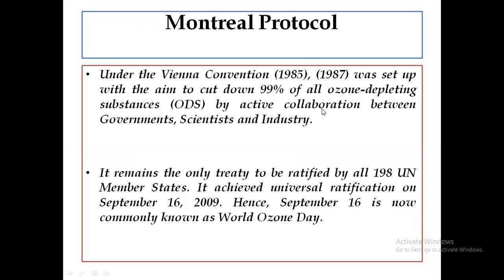It remains the only treaty to be ratified by all 198 United Nations member states. It achieved universal ratification on September 16, 2009. So that's why we celebrate September 16 as World Ozone Day.